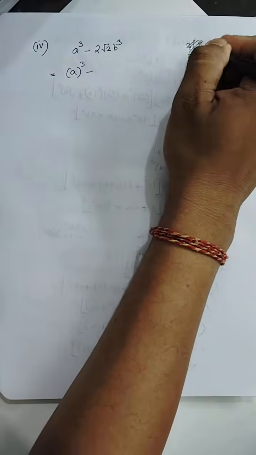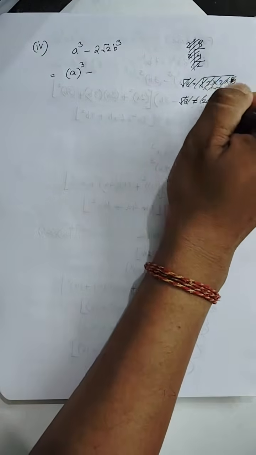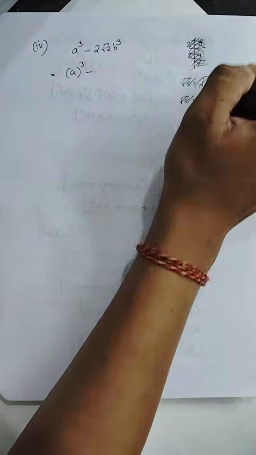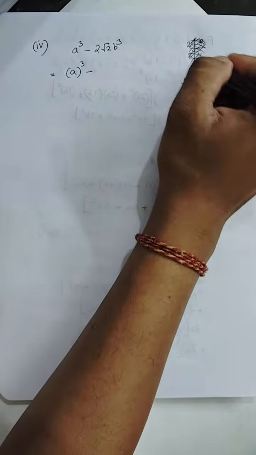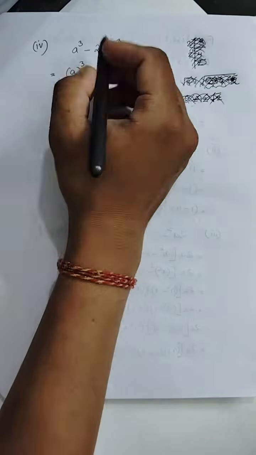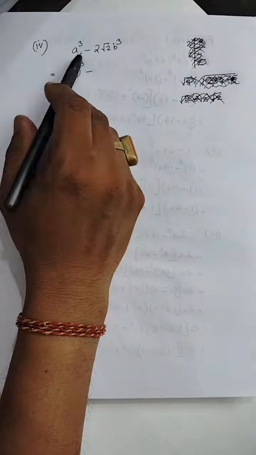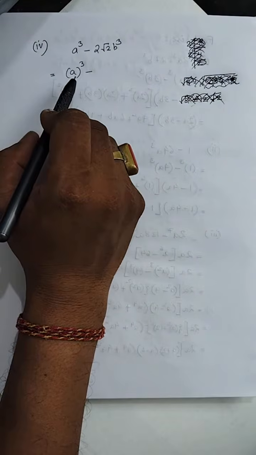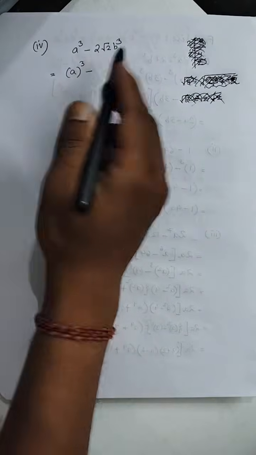Okay, this part is not needed for this solution. I will just explain it in a simpler way. Just ignore this. Okay, so we have 2 root 2 b cube, is it? So a cube can be very nicely and conveniently written as a cube. Okay, now what about this?